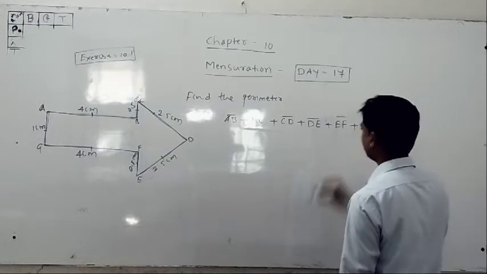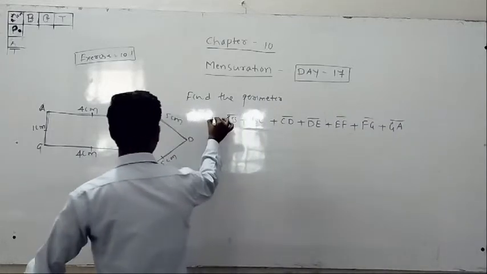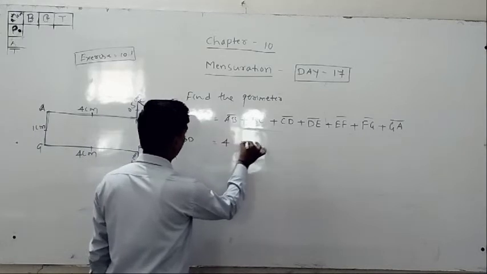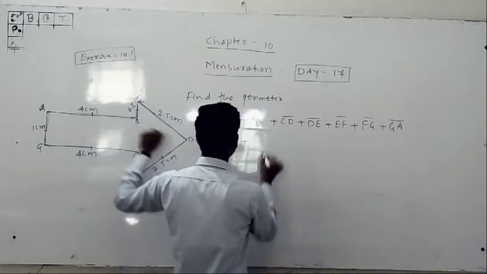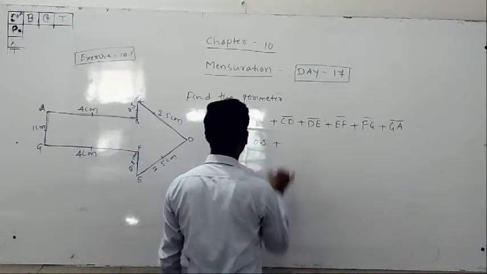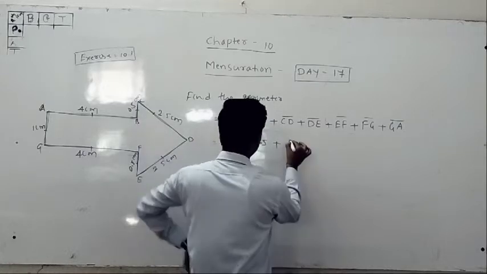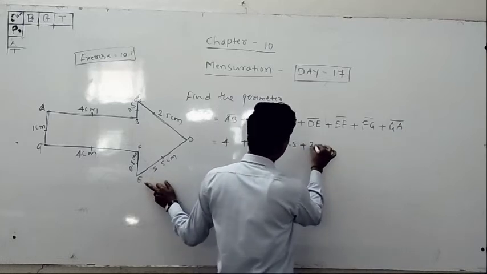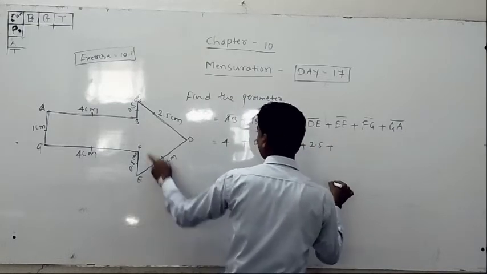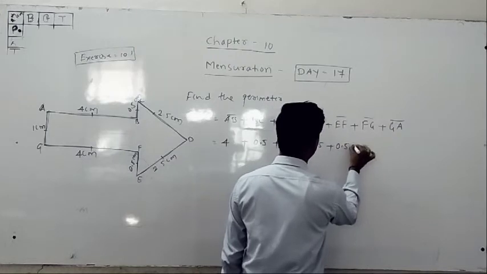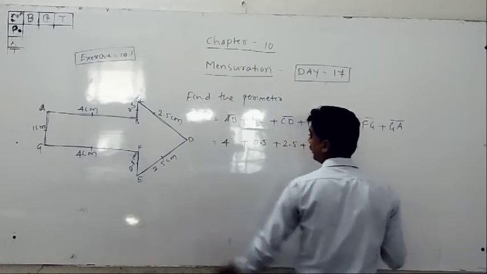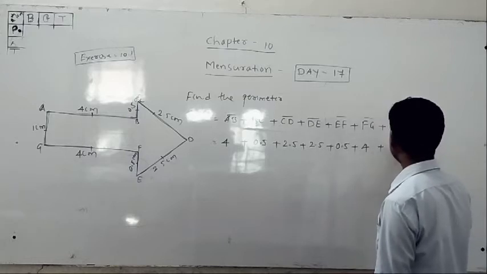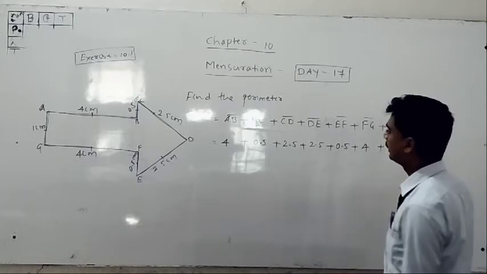This is the formula. Then it is equal to AB length 4, plus BC length 0.5, plus CD 2.5, plus DE 2.5, plus EF 0.5, plus FG 4, then GA 1 cm. Okay, this is the given problem.